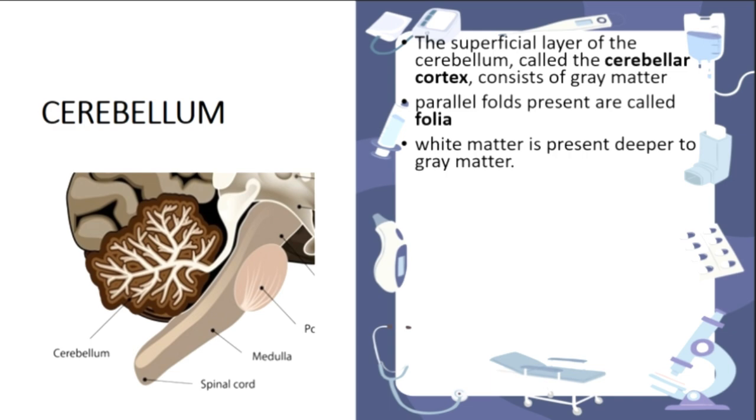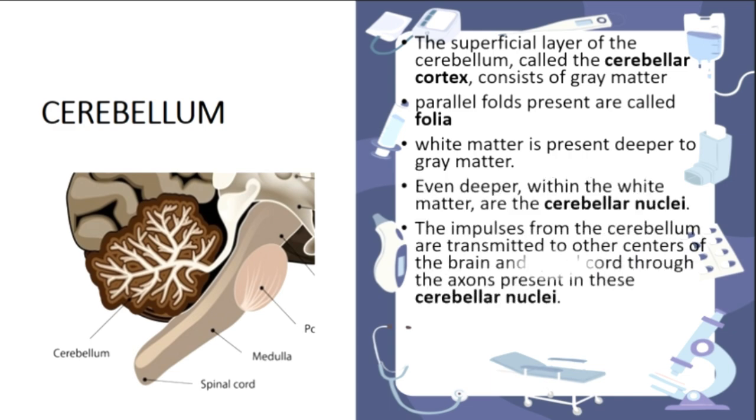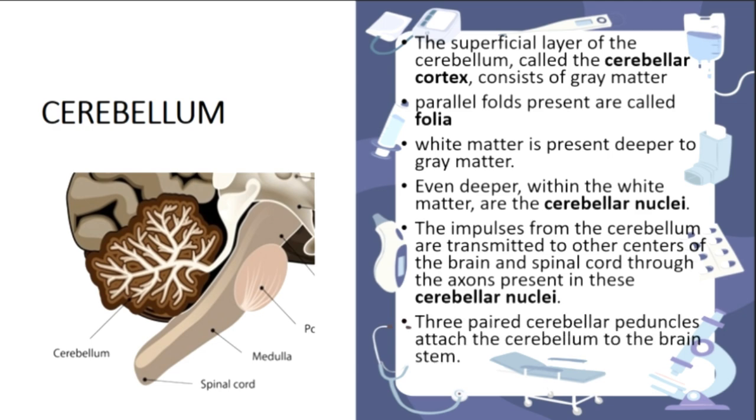Then the superficial layer of the cerebellum is called the cerebellar cortex, and it consists of gray matter. Parallel to that, it has folds present in the cerebellum, which are called folia. You can see here clearly there are parallel folds called folia, and there is white matter and also gray matter.